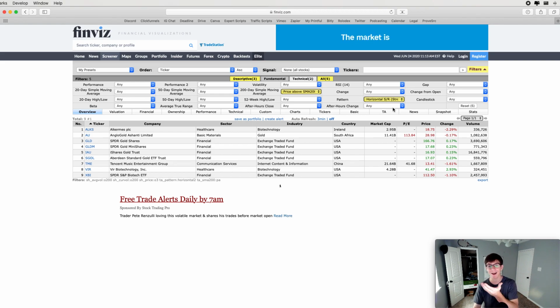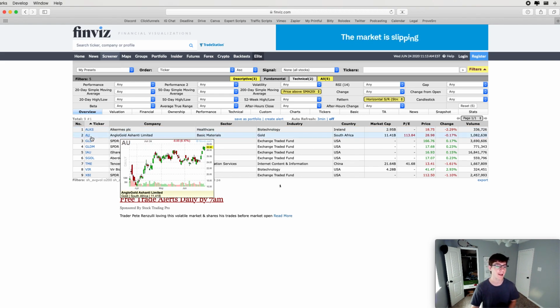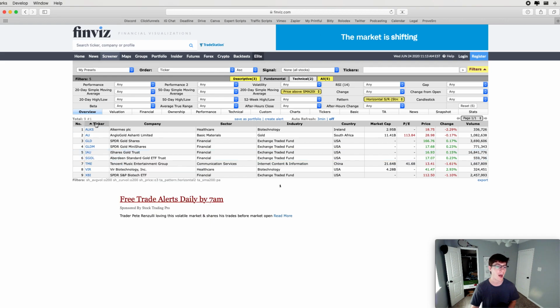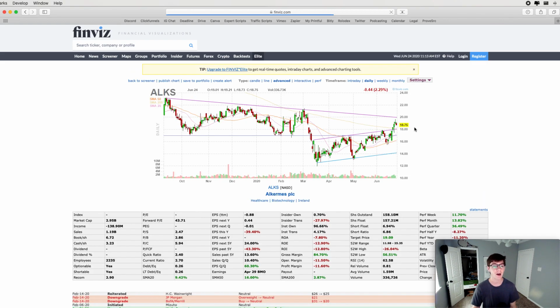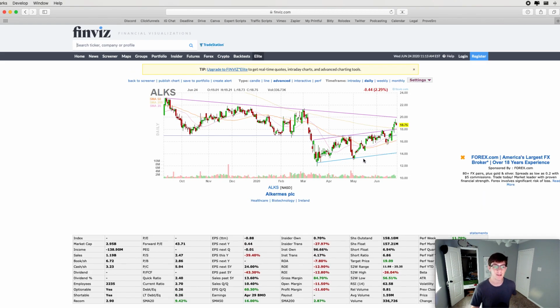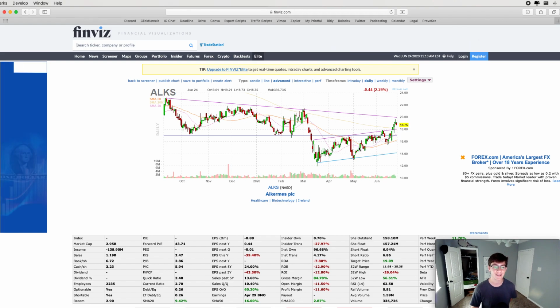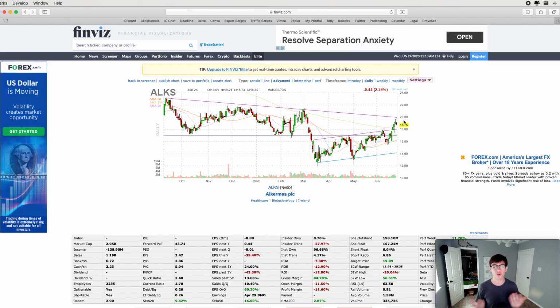So that means it's trending up, but it's also in a range bound pattern. So as we can see here, ALKS is a great example of that. You can see here we have the support, we have resistance, and right now it's trending up. So those are different ways that you can use Finviz.com to find some of the best stocks, and specifically for trend investing or trend trading.